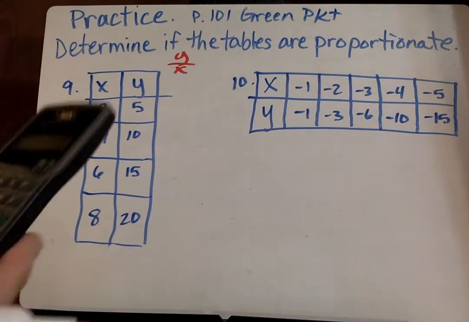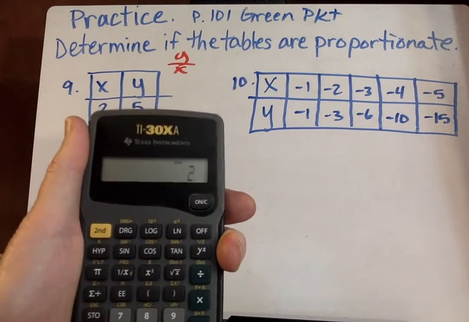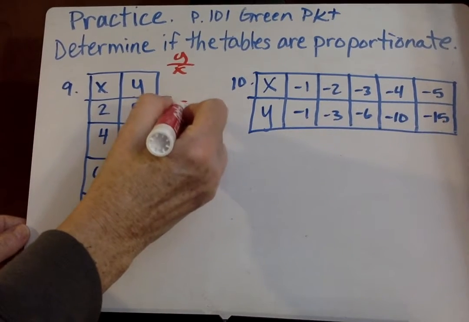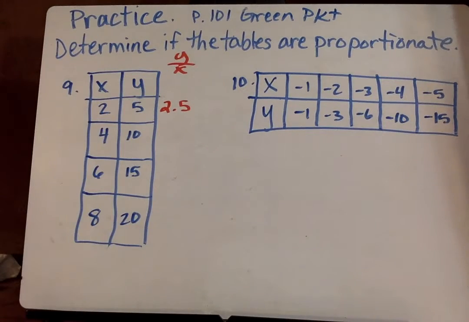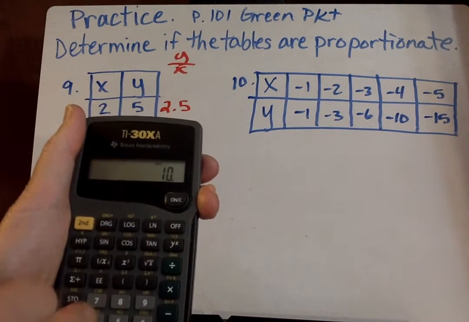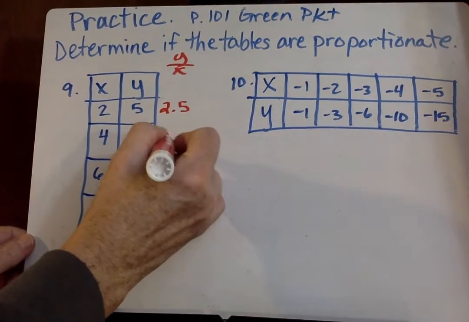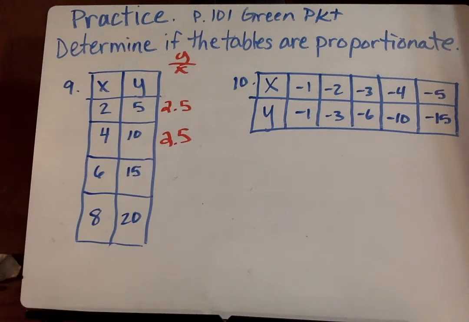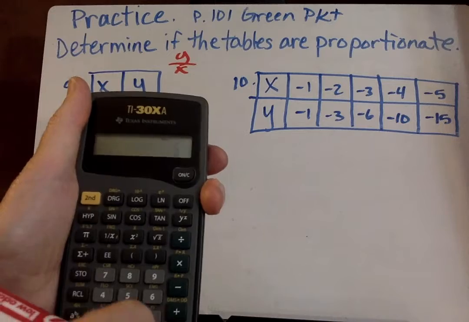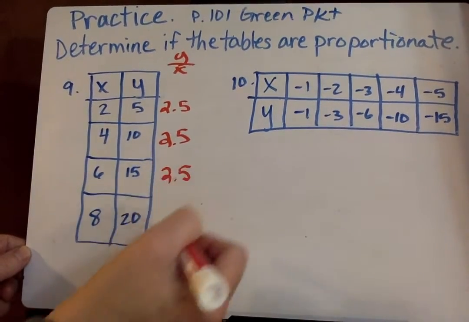So again, if you take your handy dandy calculator and you say 5 divided by 2, 2.5. Okay, next we take the y, 10, and we divide that by the x, which is 4, 2.5. Then we take 15 and we divide it by 6, 2.5.